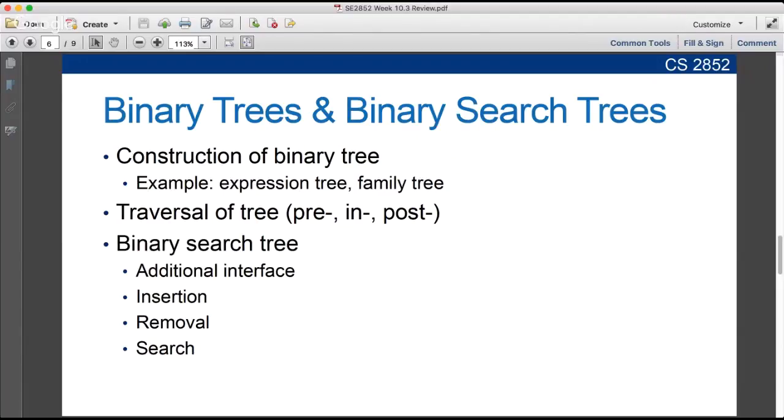You'll want to know how to do traversals of trees. So practice two different things. One is make sure that you can build a binary tree. Take some numbers, doesn't matter, or letters, and put them in kind of a random order.